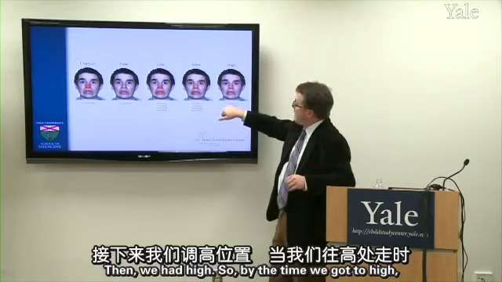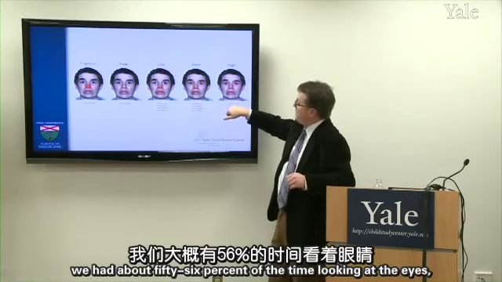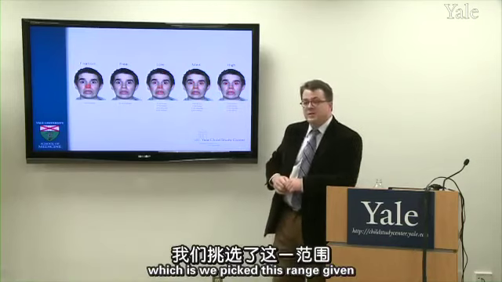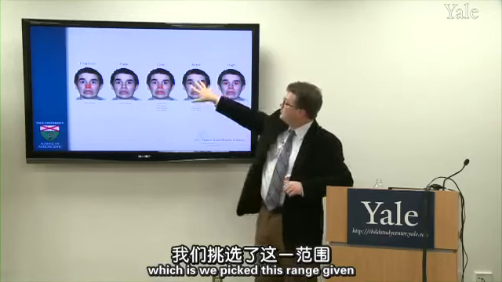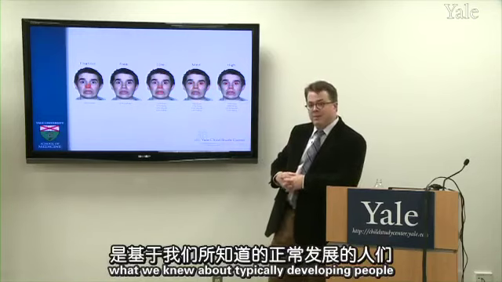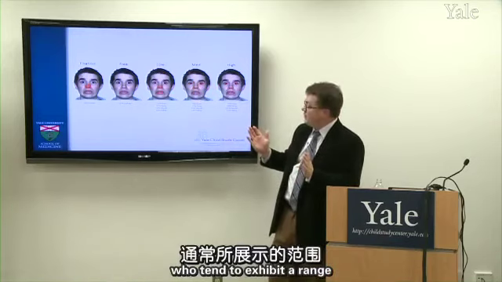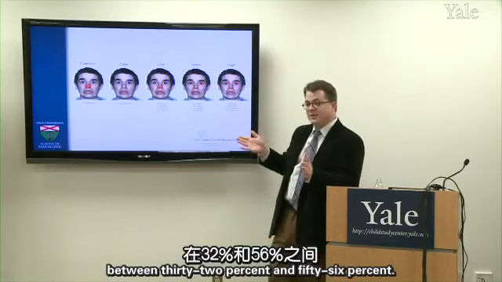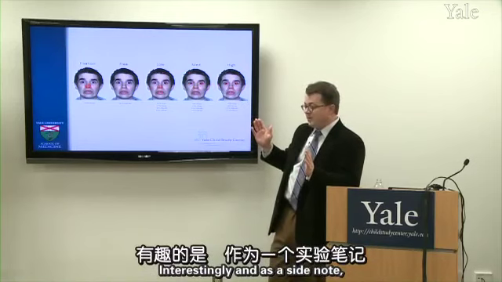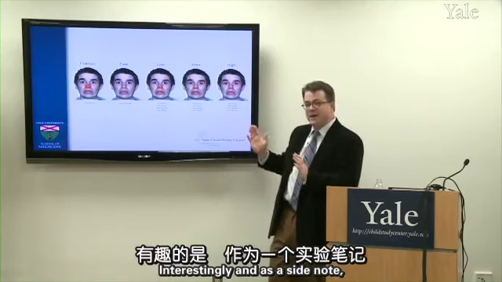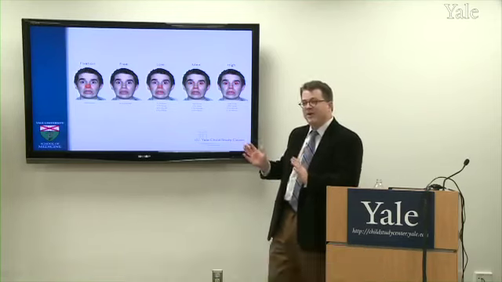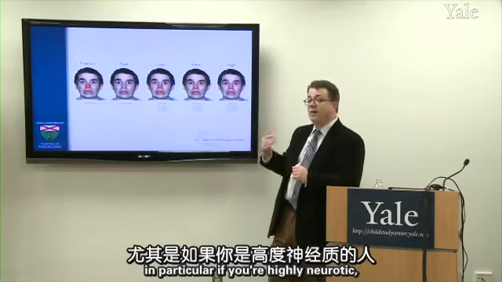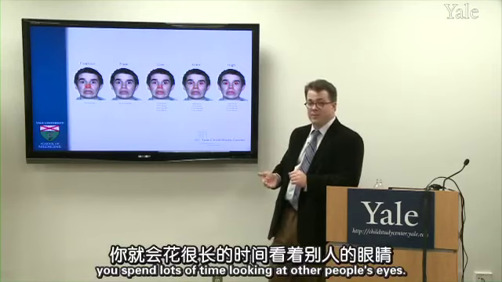So by the time we got to high, we had about 56% of the time spent looking at the eyes, which is, we picked this range given what we knew about typically developing people, who tend to exhibit a range between 32% and 56%. Interestingly, and as a side note, that actually varies strongly with personality. In particular, if you're highly neurotic, you spend lots of time looking at other people's eyes.